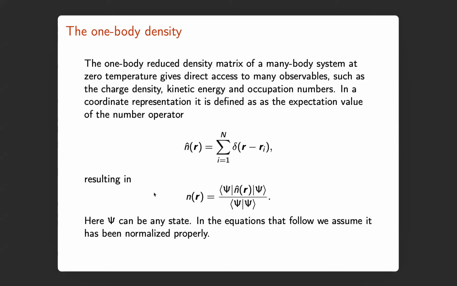And when we calculate the expectation value of this operator and integrate it over all of space, that gives us the number of particles in the system. This is something we are going to go through in more detail tomorrow. Now I just wanted to bring in the basic quantities which we are interested in.